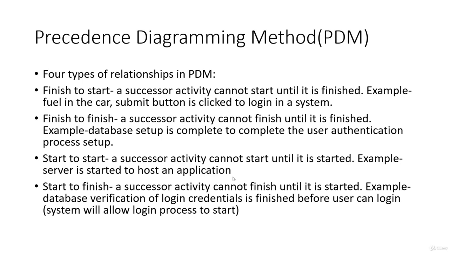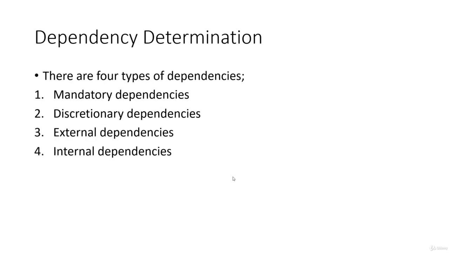I have used the example of a server, but you can take any other example where we cannot start a particular activity or process unless some other process is started. And then we have start to finish. A successor activity cannot be finished until some other process is started. So if we need to start the process of user authentication and login, we need to finish the database verification of login credentials.